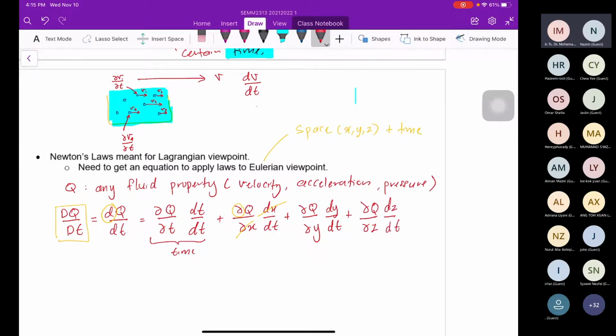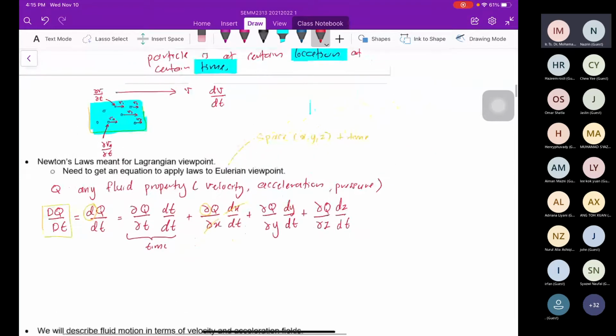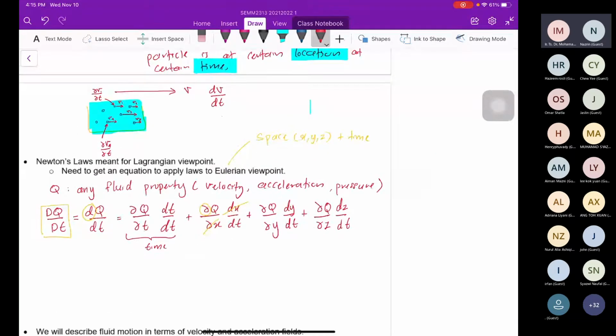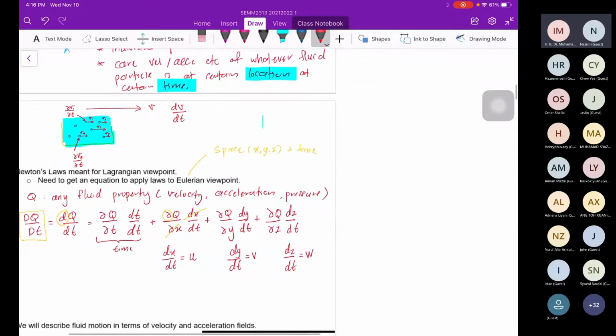We must know that dx over dt represents u, dy over dt is v, and dz over dt is w, the velocity components. That means this is your coordinate system.